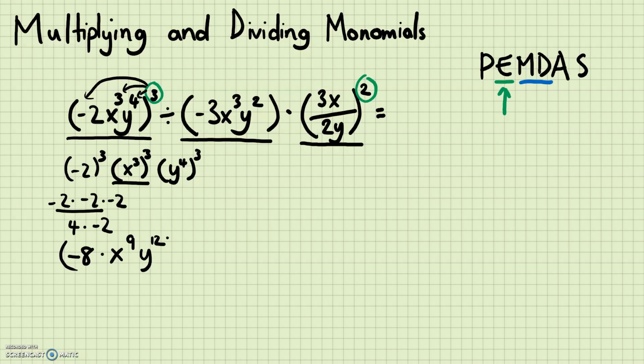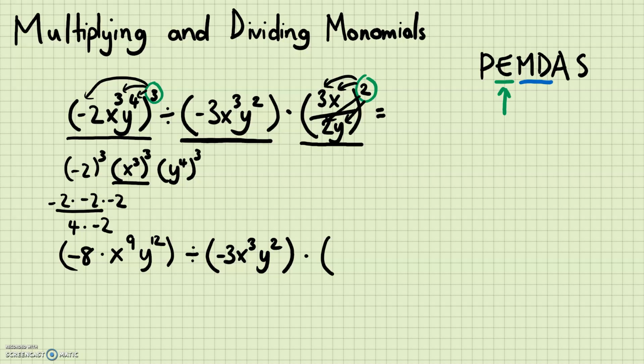Okay, so we've simplified our first section here. Divide that by, our second section doesn't have any exponents, so let's just write that as is. Okay, and then our third section, we need to distribute the power to each of the terms inside.